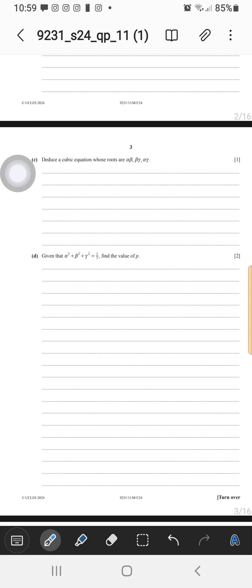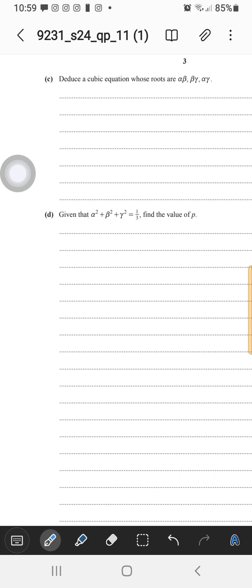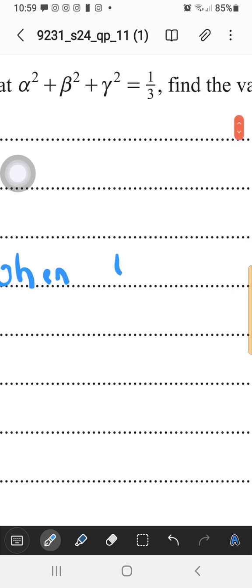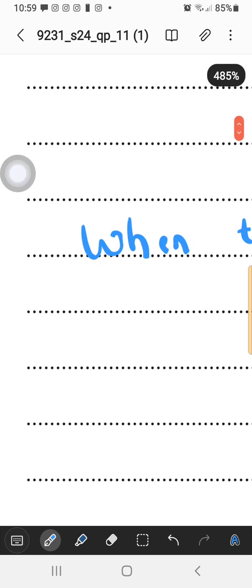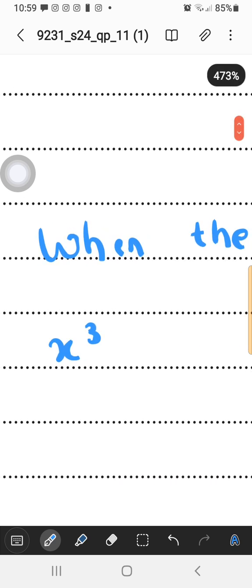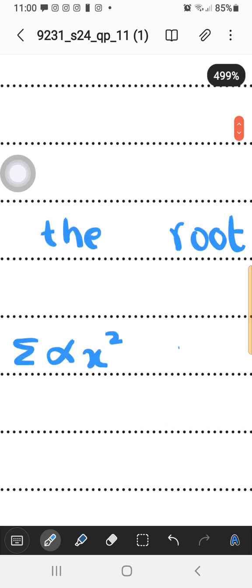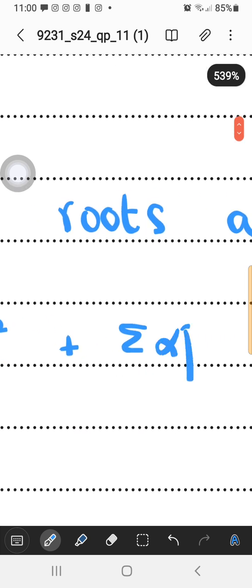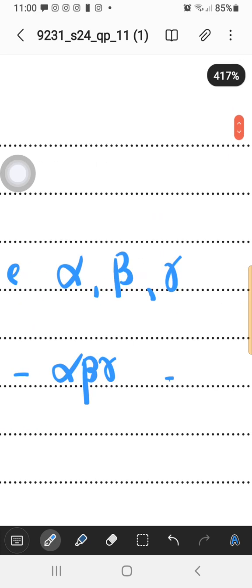If we look at a general expression of a cubic equation in terms of alpha beta gamma, when the roots are alpha beta gamma, what is the general expression? x cube minus sum of alpha x square plus sum of alpha beta x minus alpha beta gamma equal to 0.